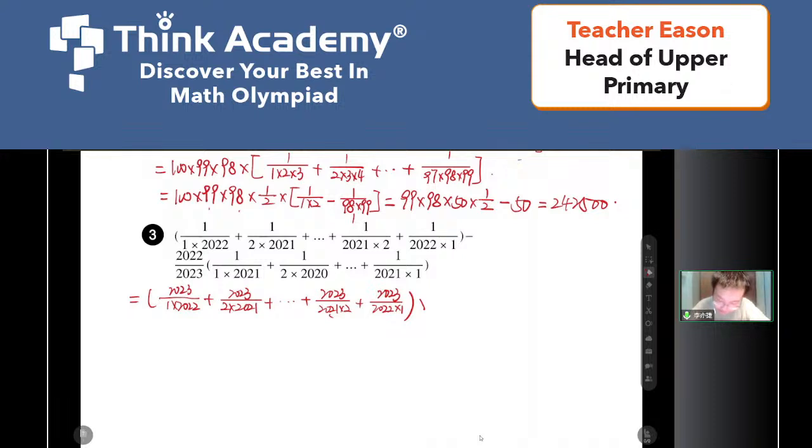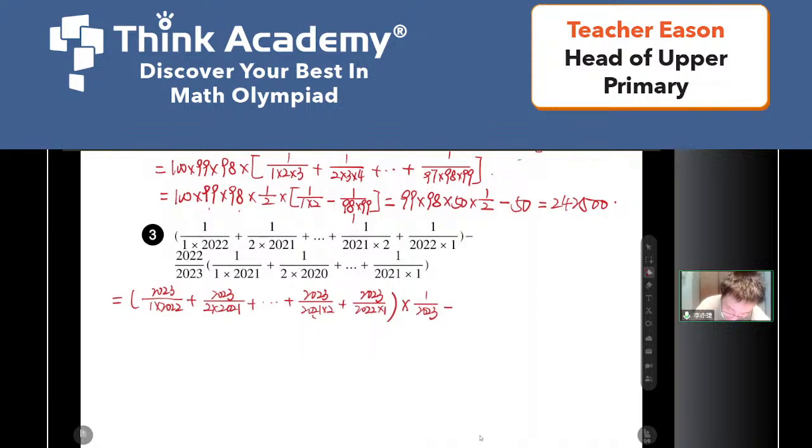However, if the original numerator is 1, we should multiply by an additional 1 over 2023. So this is the first bracket. And for the second bracket, it's similar, because we see the sum of these numbers is 2022. So we have a 2022 outside the bracket. So we just multiply the 2022 inside, and that will be okay.